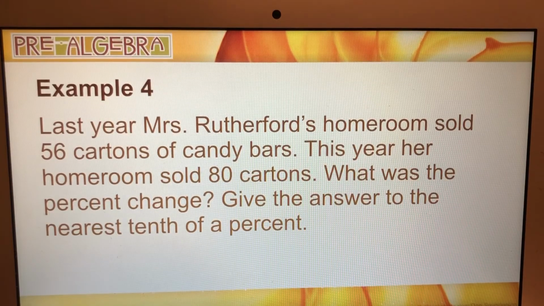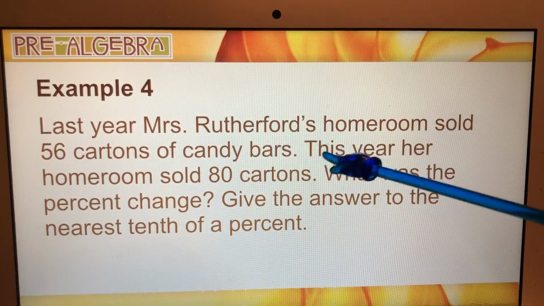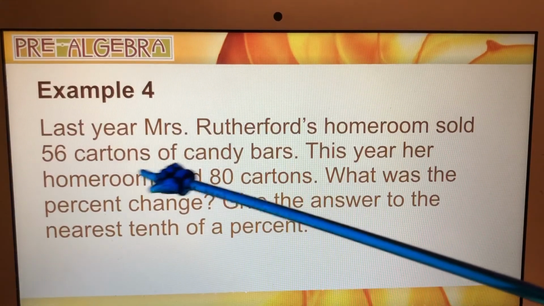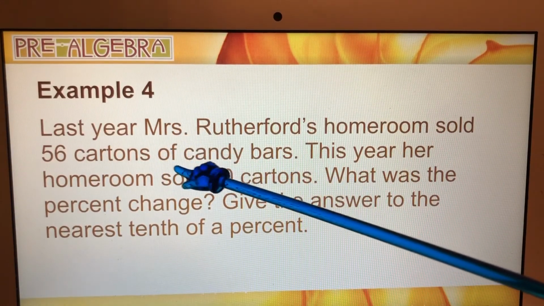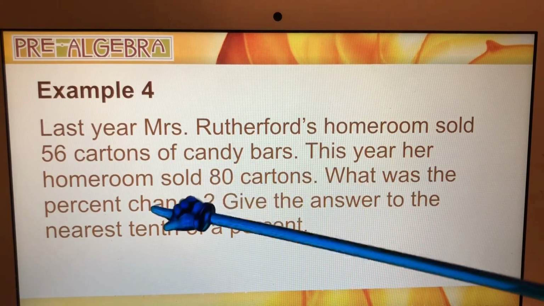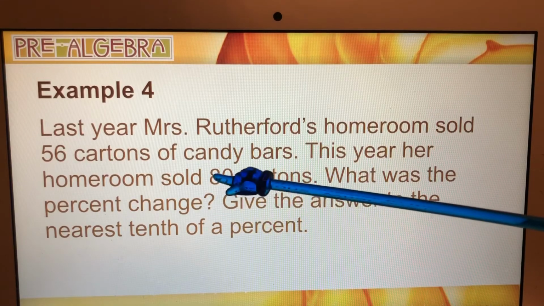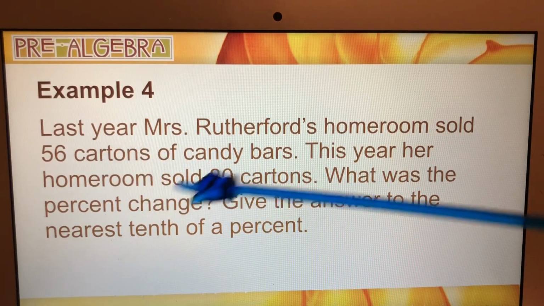Our next example here. Last year, Mrs. Rutherford's homeroom sold 56 cartons of candy bars. So this year, her homeroom sold 80 cartons. What was the percent change? So, I have my two numbers right here, the two cartons.